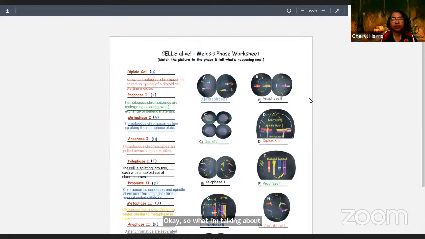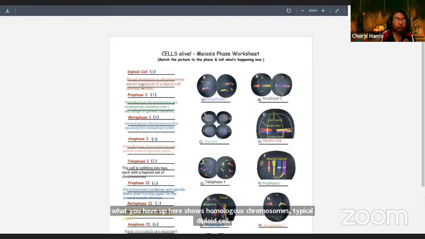for example, in this case, the diploid cell should be F, okay? And what you have up here shows homolog chromosome, typical diploid cell.